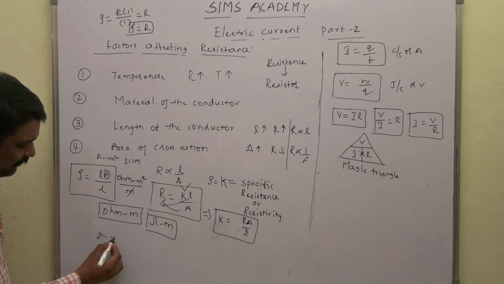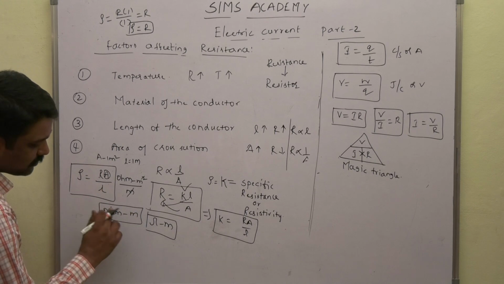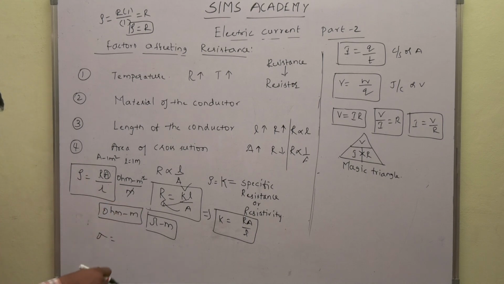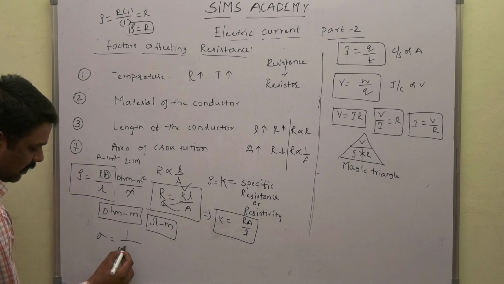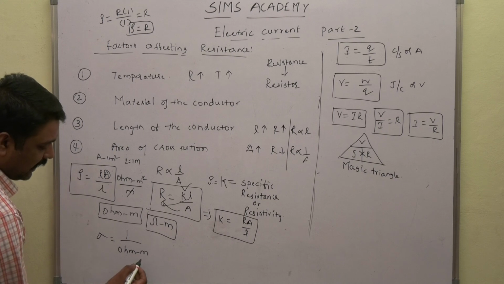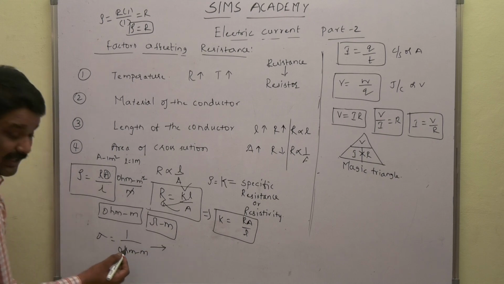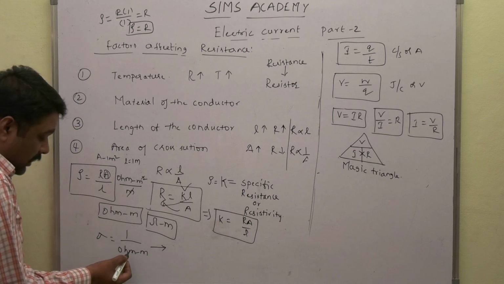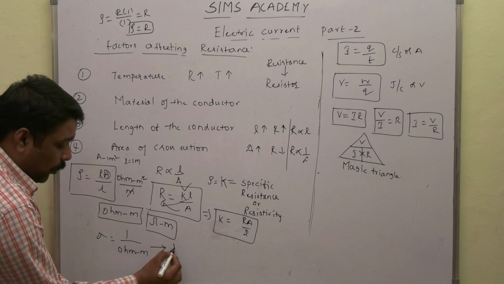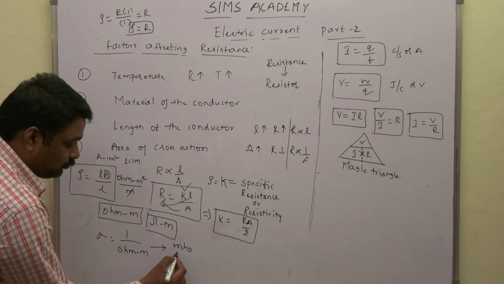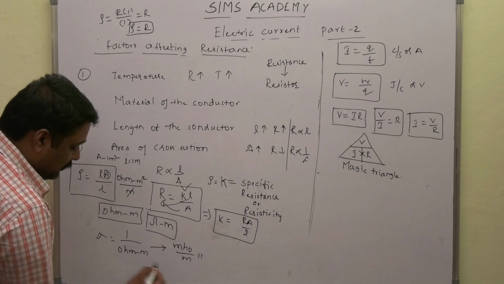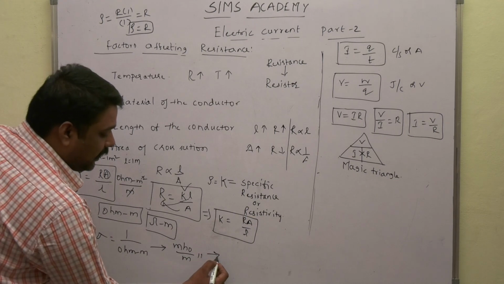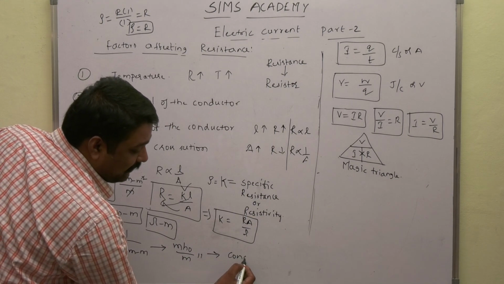The units for conductivity are the reciprocal, 1 by ohm meter. If I reverse ohm, I get mho. Mho per meter is the unit for conductivity.